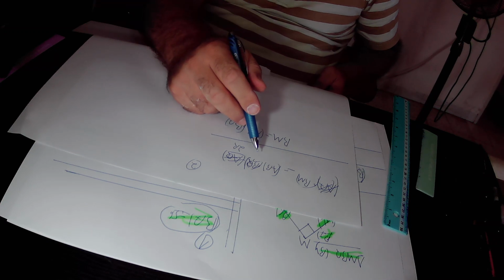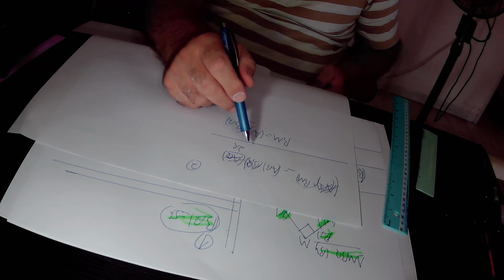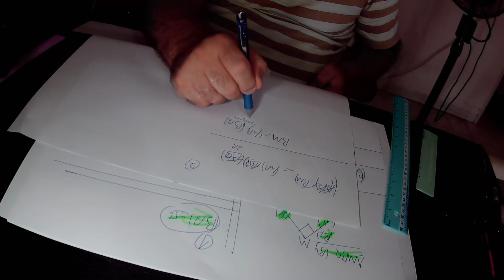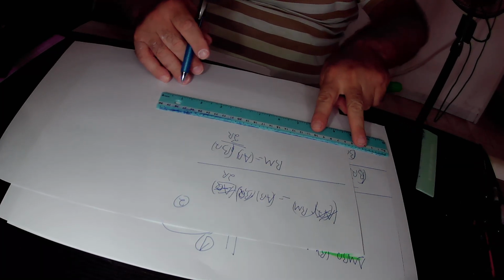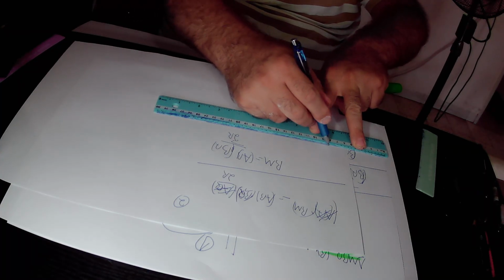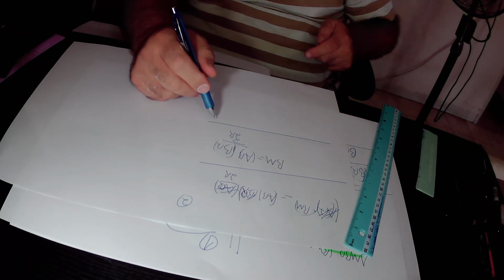So in total, we found out that BM equals AB times BQ over 2R.